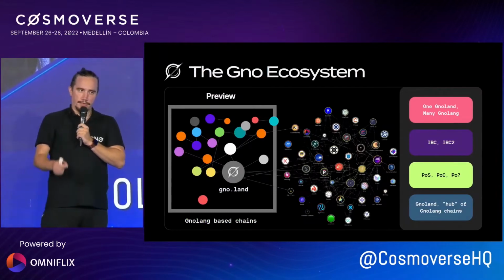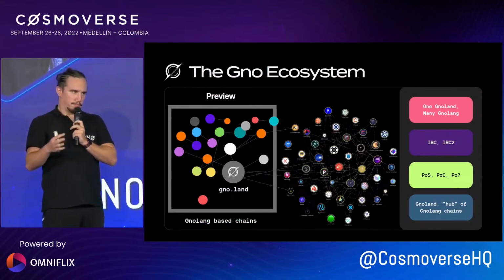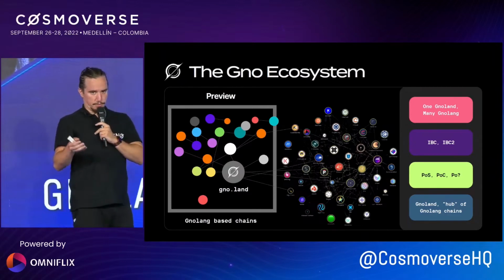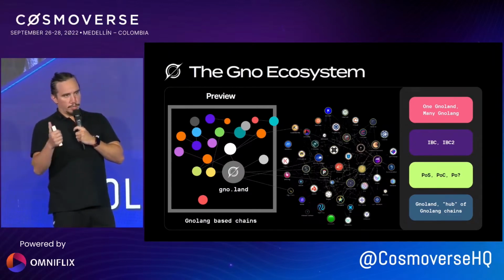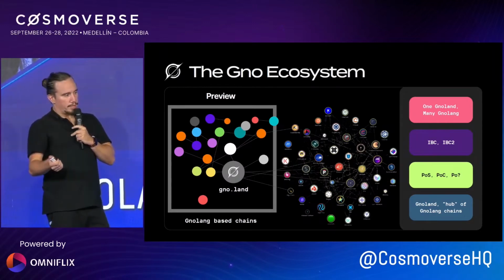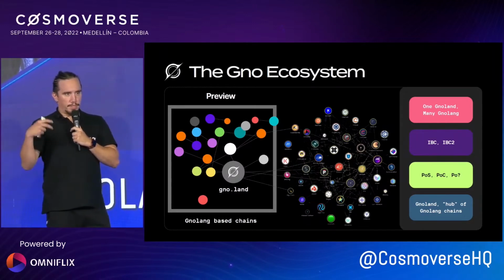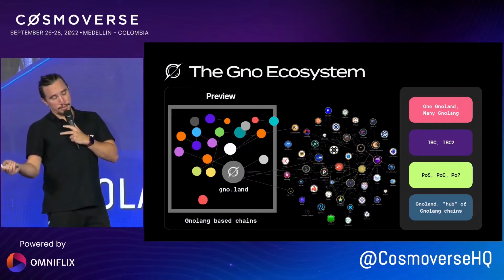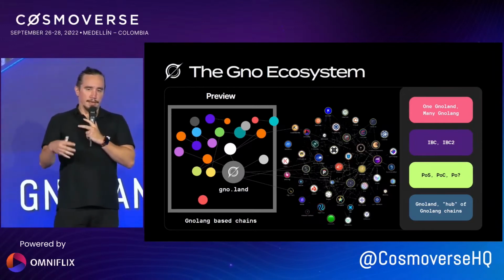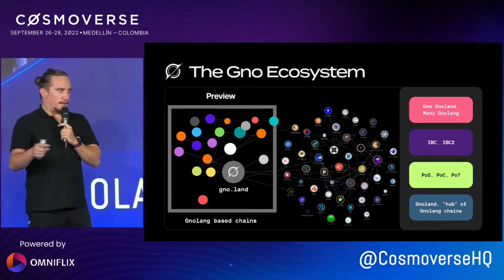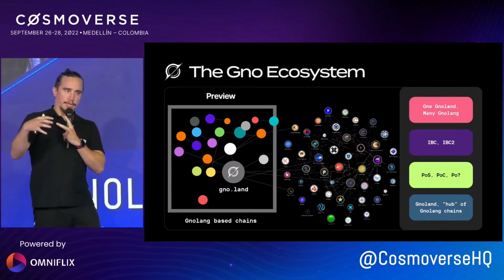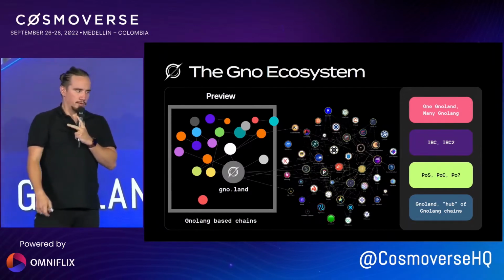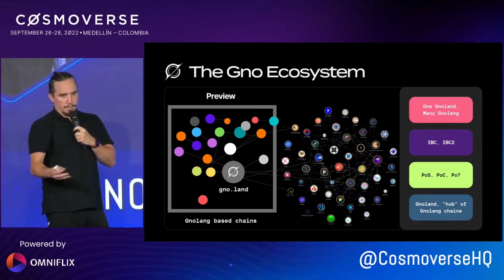So today, Gno, just the word Gno, is a little bit abstract because it relies on the community, the project, the language, everything. So Gnoland is one chain, and there will be one Gnoland chain, but we plan to have many Gnolang-based chains. They will be interconnected, at least for the smart contract feature, and we want to put our own ecosystem of chains inside the bigger one, inside the Cosmos ecosystem with IBC.